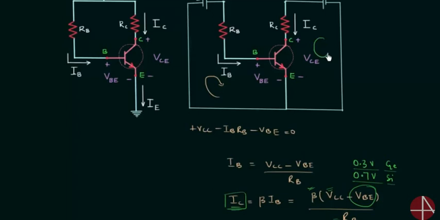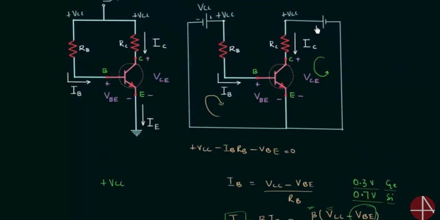Now we will calculate the output voltage VCE, and for this purpose I will again use Kirchhoff's voltage law. In the output loop we have plus VCC minus ICRC minus VCE equal to 0, and from this equation VCE, the output voltage, is simply equal to VCC minus ICRC.